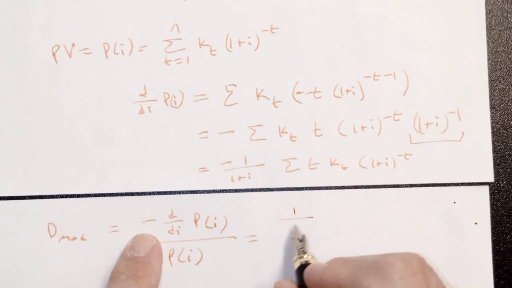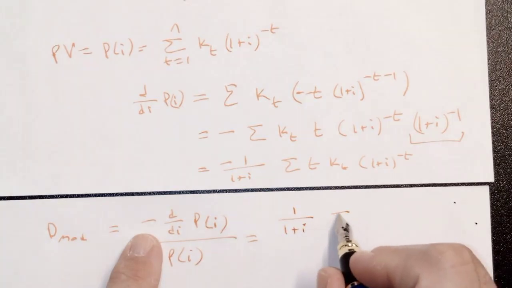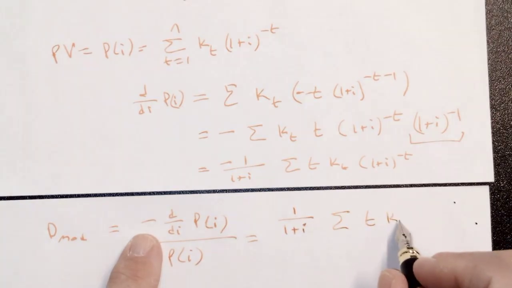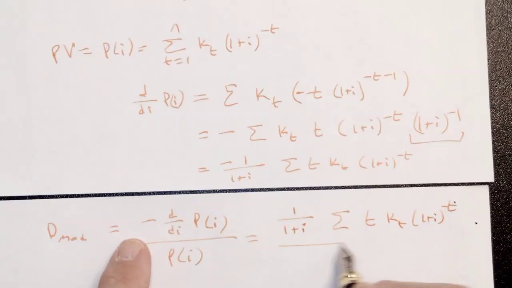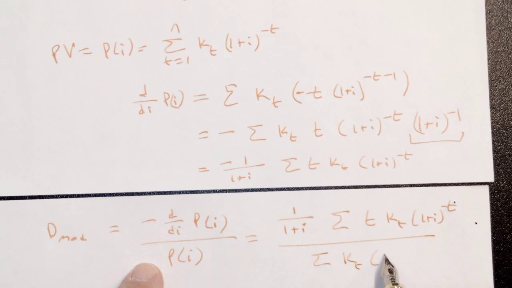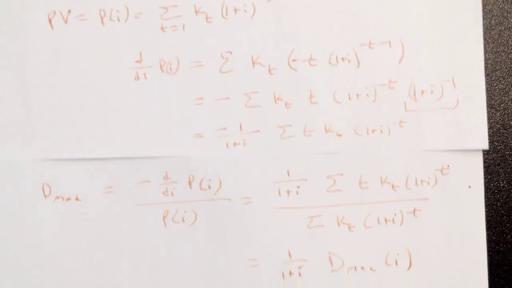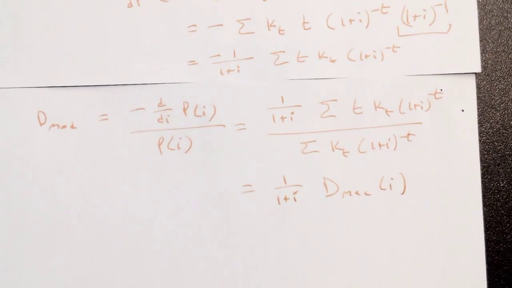I get 1 over 1 plus I times the sum of t k_t (1 plus I) to the minus t over the sum of k_t (1 plus I) to the minus t. That's 1 over 1 plus I times the normal Macaulay duration for I. So the two durations are related.